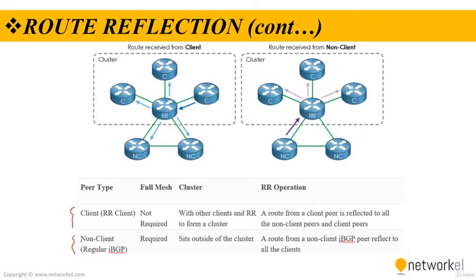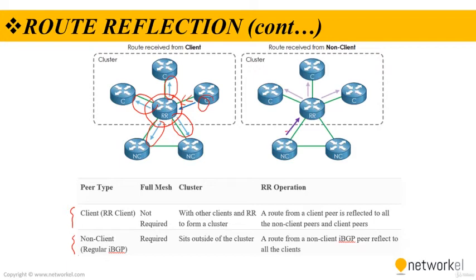So let's summarize what we told now. Let's say this is the route reflector in here, and it is receiving an update from a client. It is sent to all clients and non-clients.